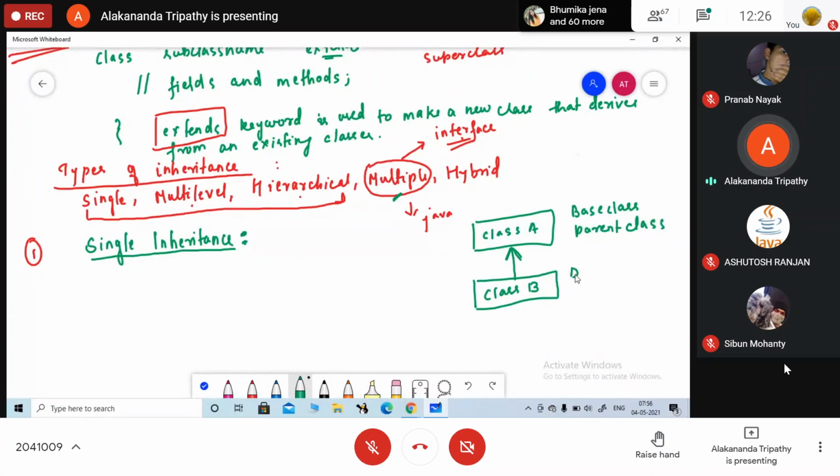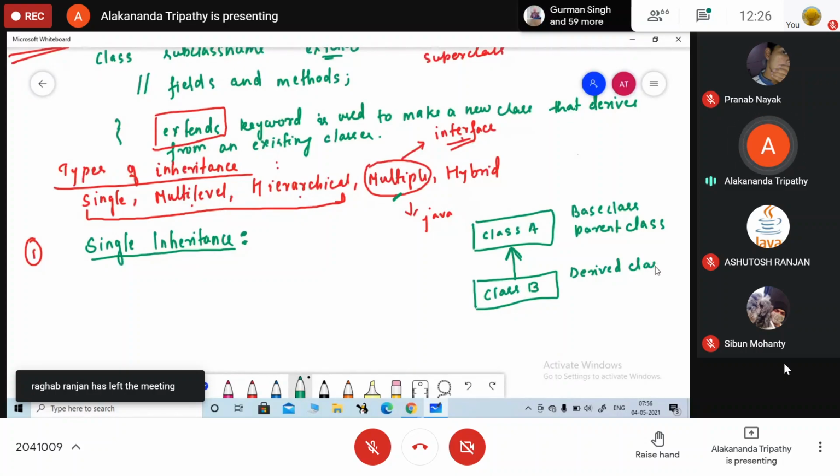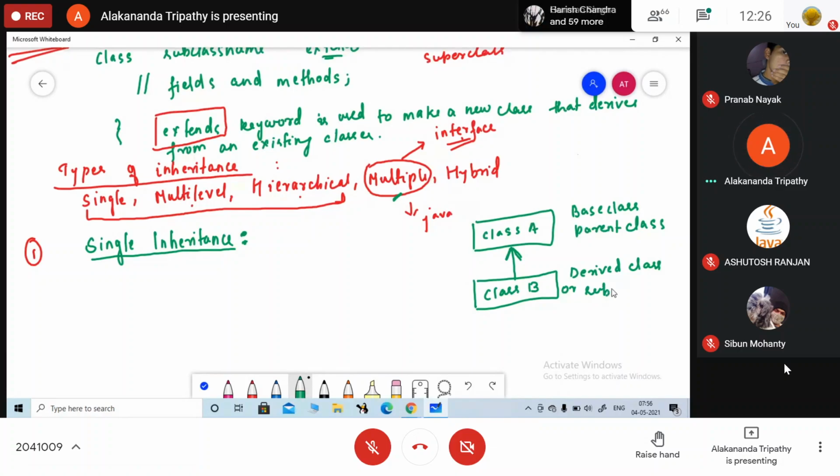And class B is the derived class or subclass, also called the child class.